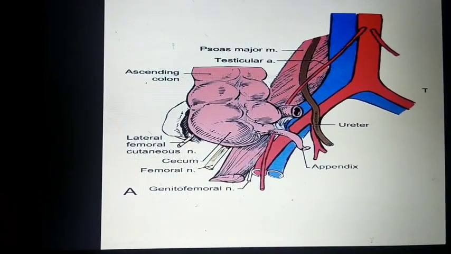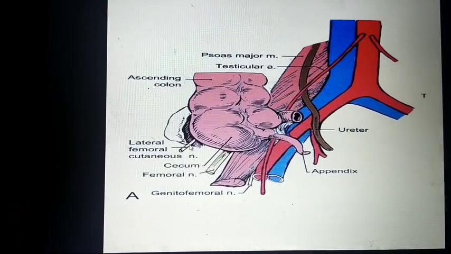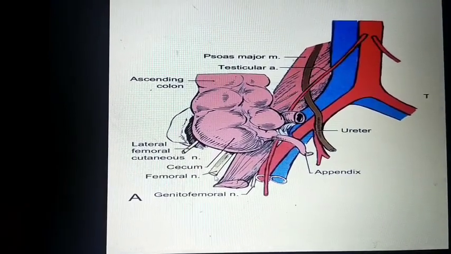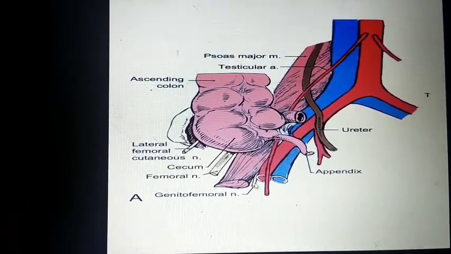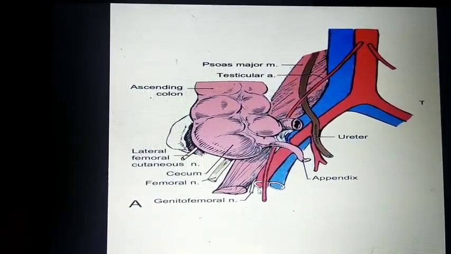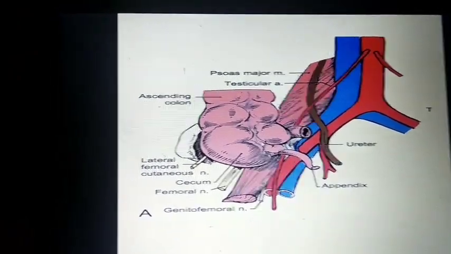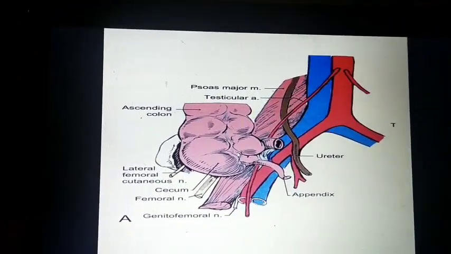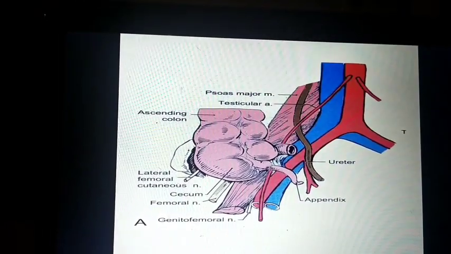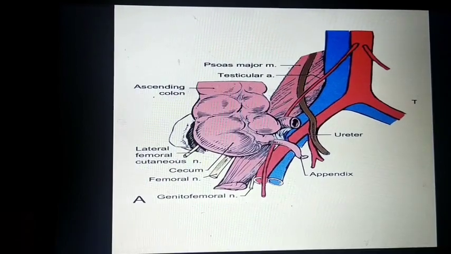Here you've got the iliacus and three nerves: the lateral cutaneous femoral nerve, the femoral nerve and the genitofemoral nerve, and two vessels, the right gonadal vessel and the right iliac vessel. This is the posterior relationship of the cecum, and anteriorly it has the omentum, coils of small intestine and the anterior abdominal wall.